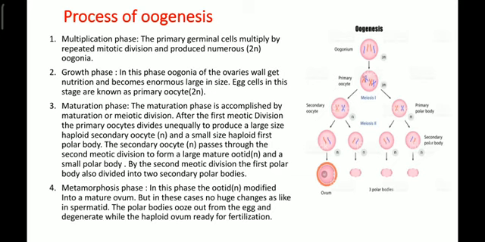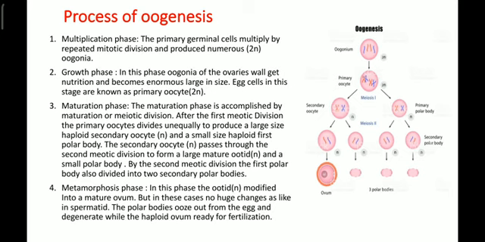Oogenesis occurs in the cells of the germinal epithelium of the ovary. Such cells are known as the primary germinal cells or primordial germ cells. Oogenesis is completed in the following 4 successive stages.